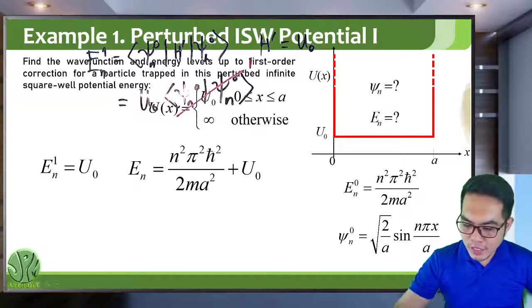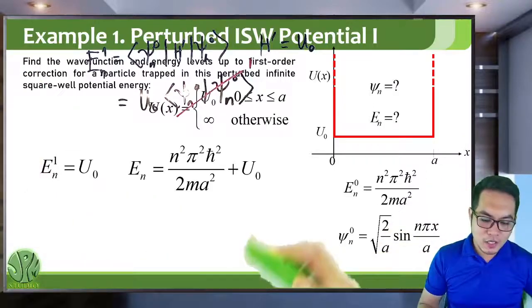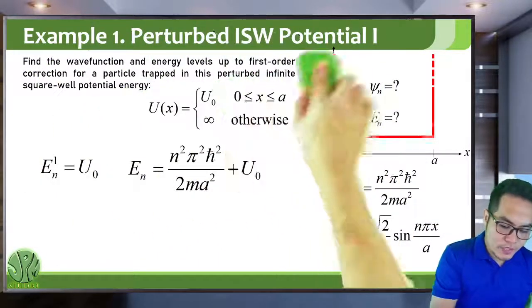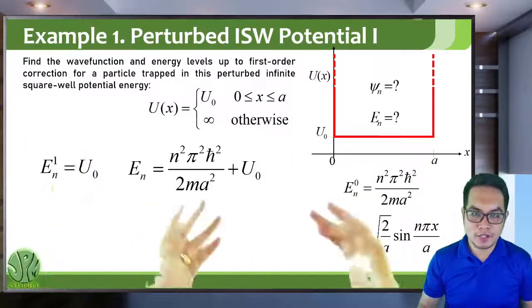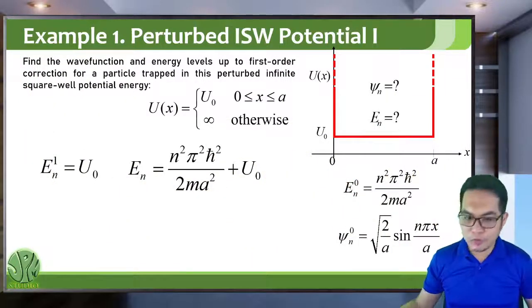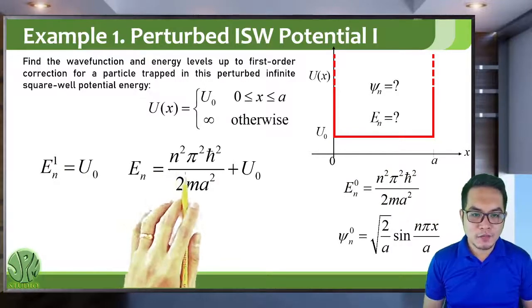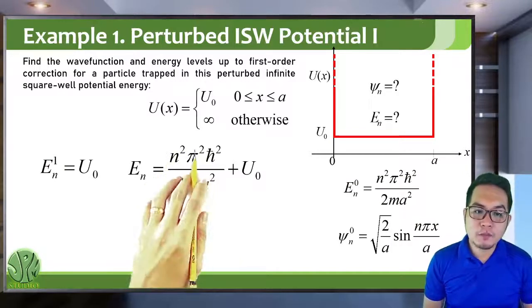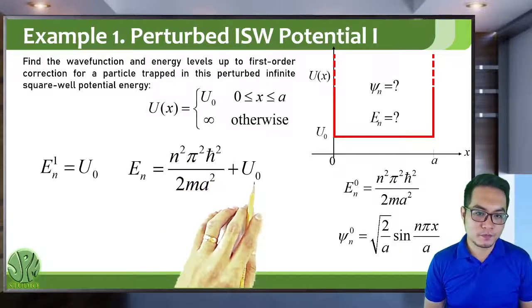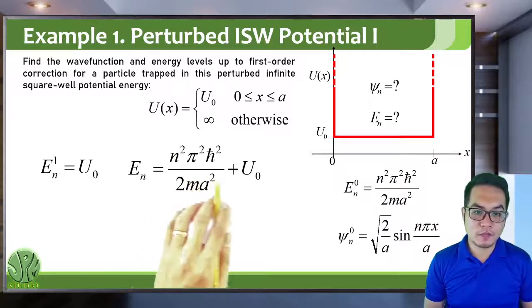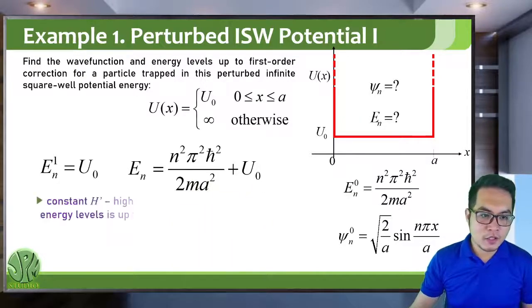So if you wanna get the new energies of this perturbed system up to the first order correction, it's just the unperturbed, the zero order correction, plus the first order correction, which is U_0.